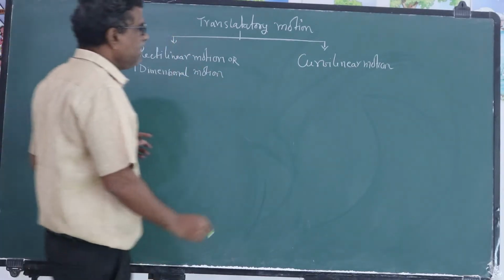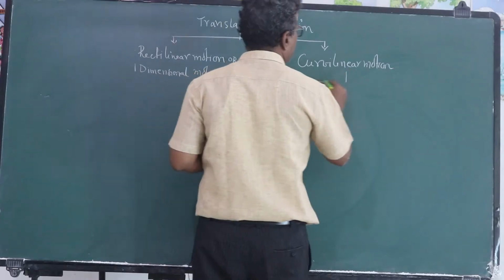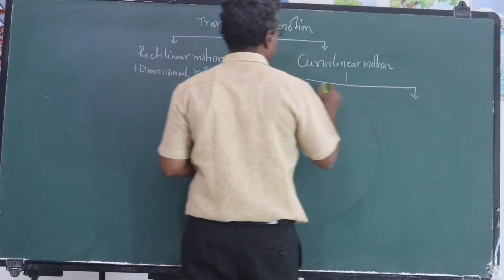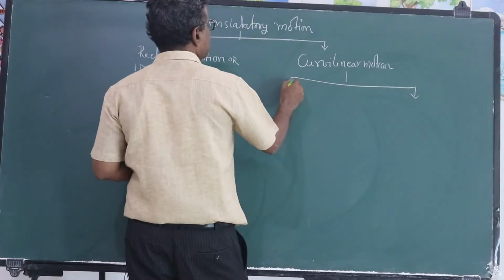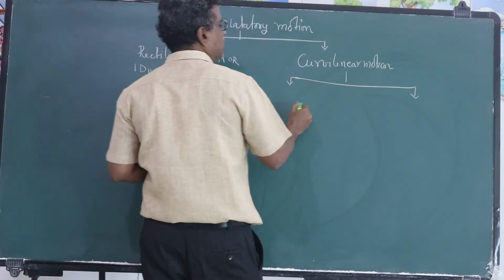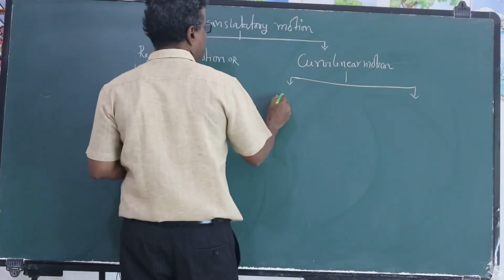This curvilinear motion, again we have two types. The first one is curvilinear motion in a plane, which is two-dimensional motion.